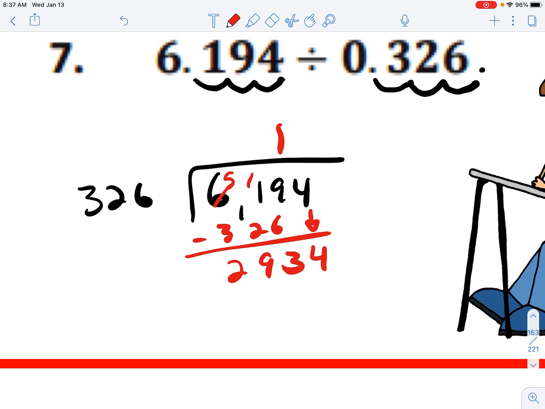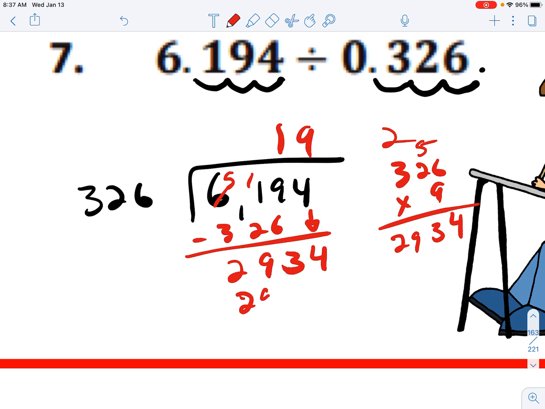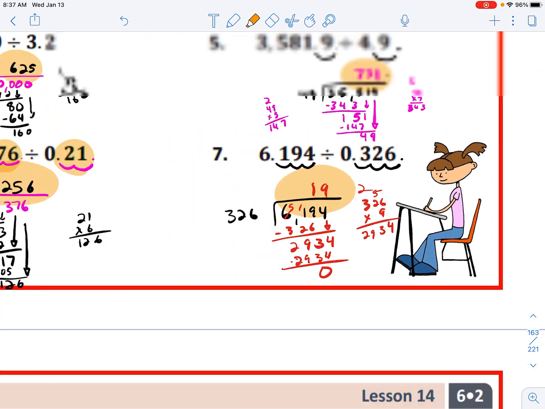I need to figure out how many times 326 goes into that. And I'm going to say it's either 8 or 9. So let's try 9 first. I have 326 times 9. This is 54, 18, 23, 27, 29. So it is 9 times. It goes into it evenly with no remainders. So our answer comes out to 19.